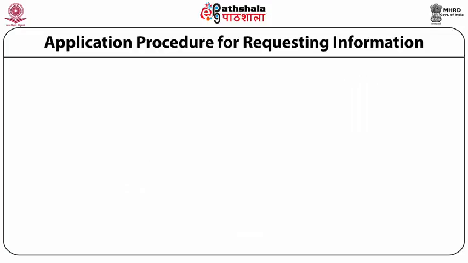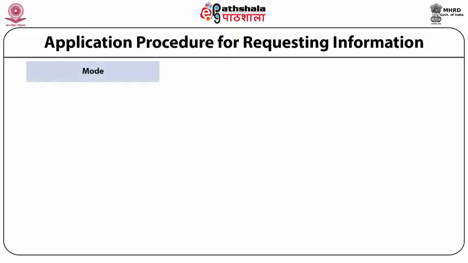Dear students, it is very important for the common man and citizens, for you and me, for us, to understand what is the procedure for requesting information. Unless and until we know the procedure to file an RTI and retrieve the information we want, it is of no use. Therefore, we are going to discuss the application procedure for requesting information.